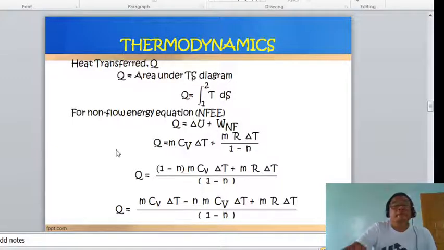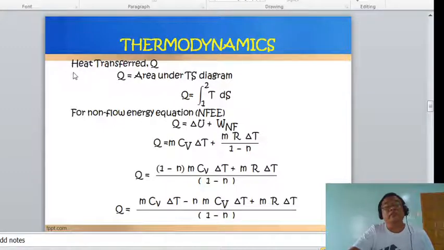For Q, the equation is Q equals the integral of T dS, with limits from 1 to 2. Or from the first corollary of the first law, for a closed system, Q is equal to delta U plus work non-flow. Substituting values, Q equals m Cv delta T, and work non-flow is mR delta T over 1 minus n.